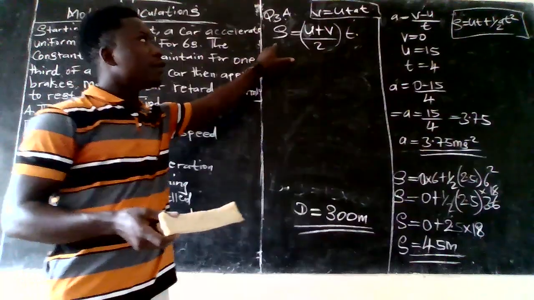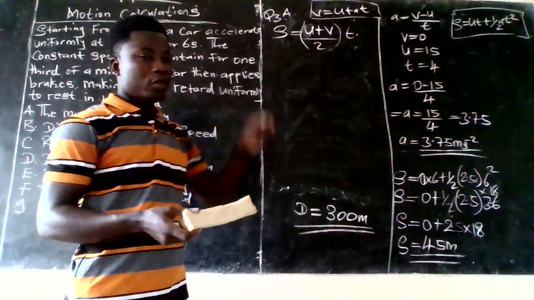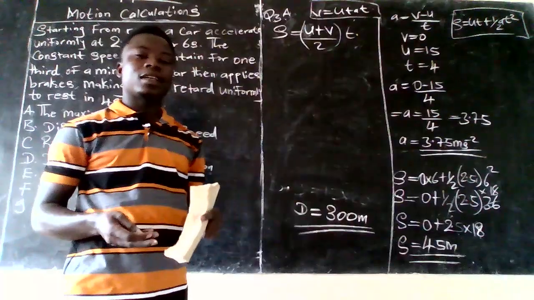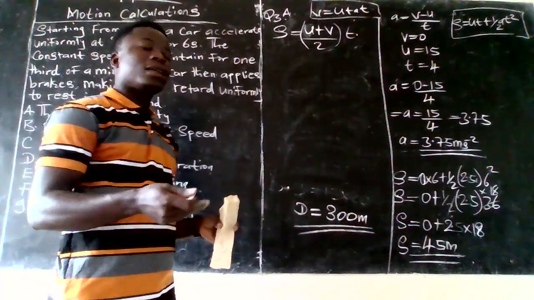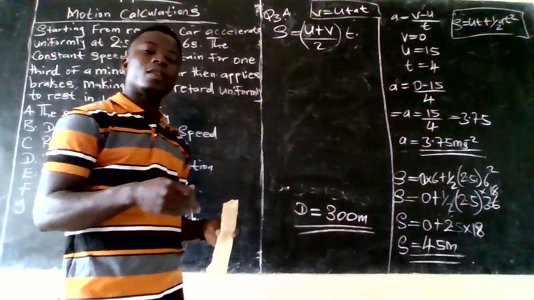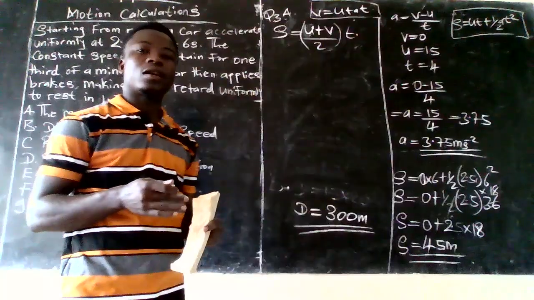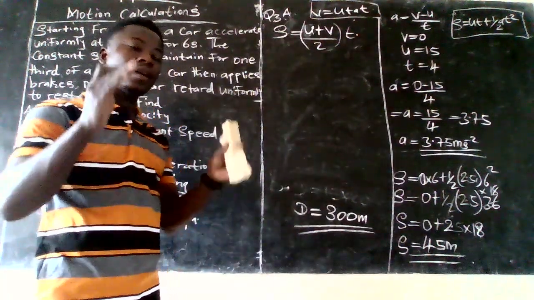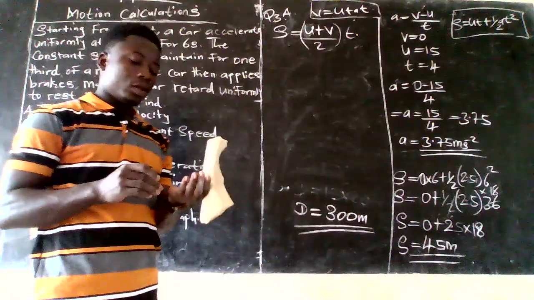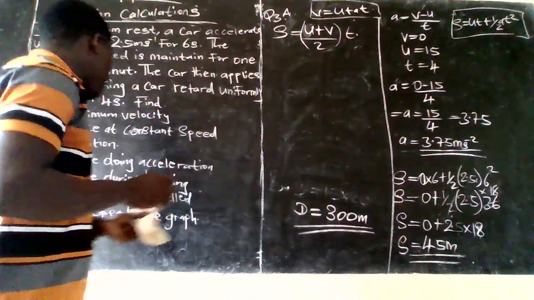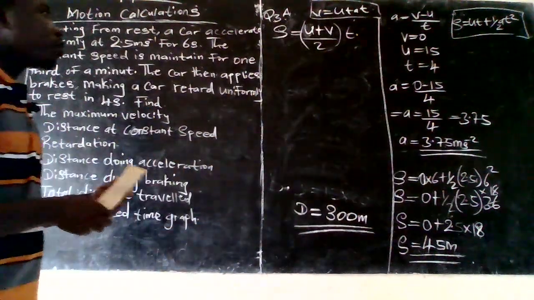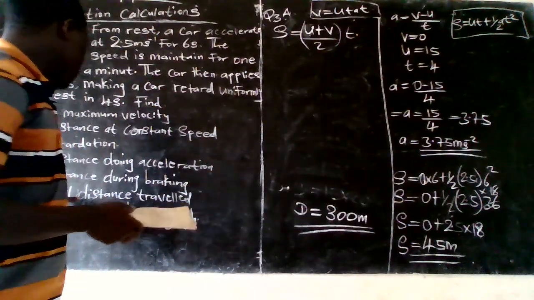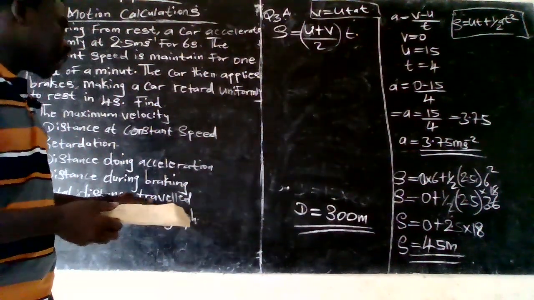All right, I'm going to leave this question for you. You are going to solve it and send the answer in the comment section so that I will view your answer and respond to you. When you solve this one, you'll be able to get the total distance traveled.